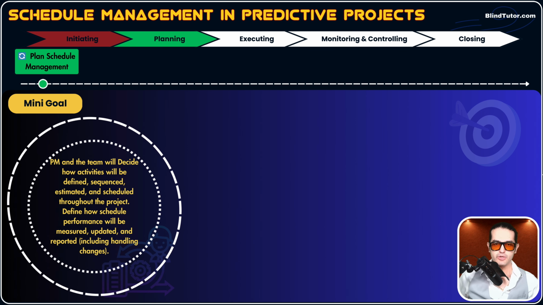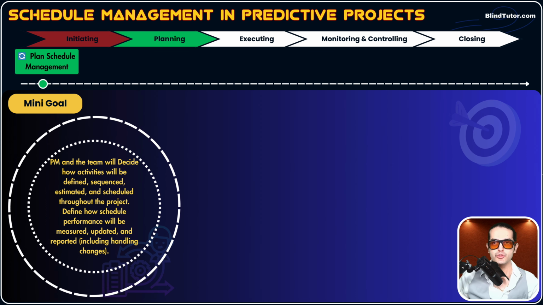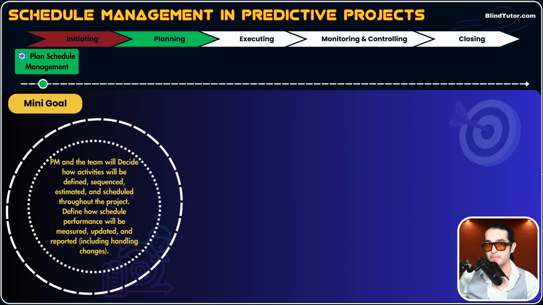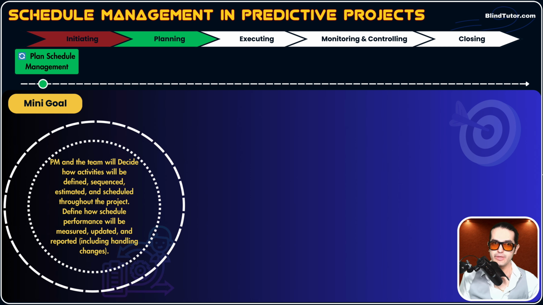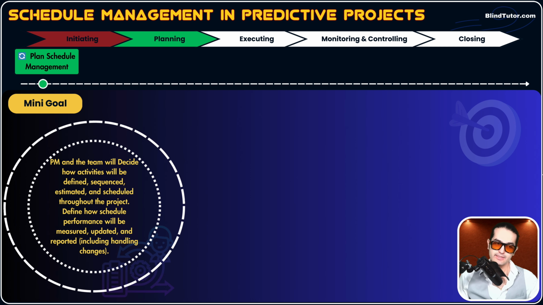In this process, we're going to prepare a how-to guide for the schedule part of the project. How we define those activities, how we sequence those activities. By sequence, I mean how we put those activities in the right order of performing them, how we estimate each activity, how long each activity will take, and what approaches we use to estimate that activity. This process answers all of these how-to questions.